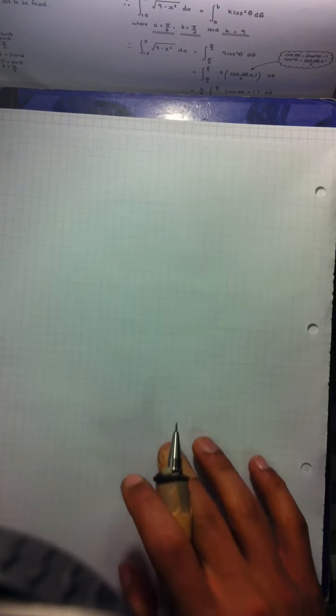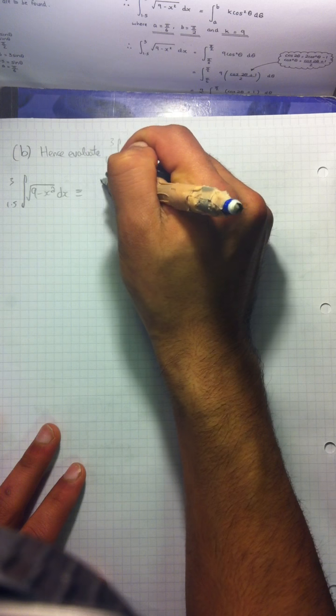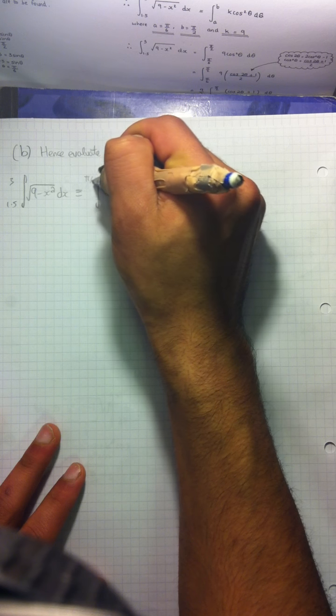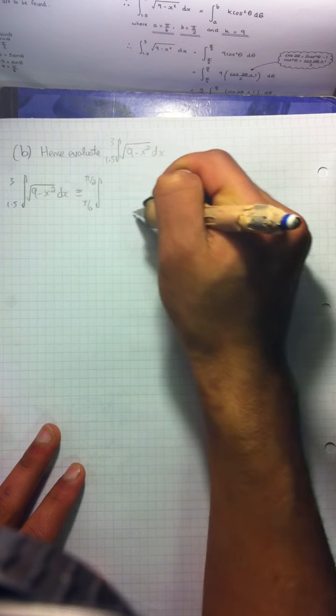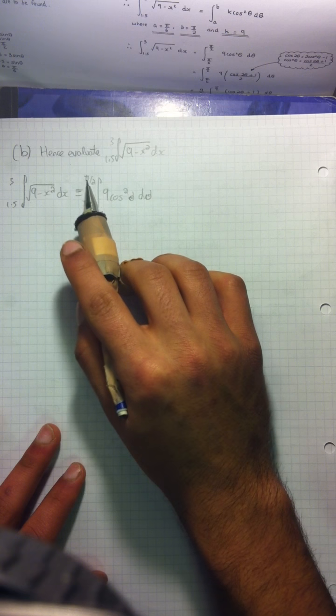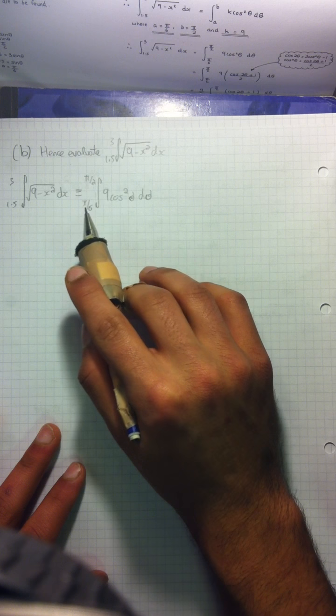So we've already worked out that this is equal to the integral from pi over 6 to pi over 2 of 9 cos squared theta d theta. So rather than integrating this, we're going to integrate this with respect to theta, with the limits of pi over 2 and pi over 6.